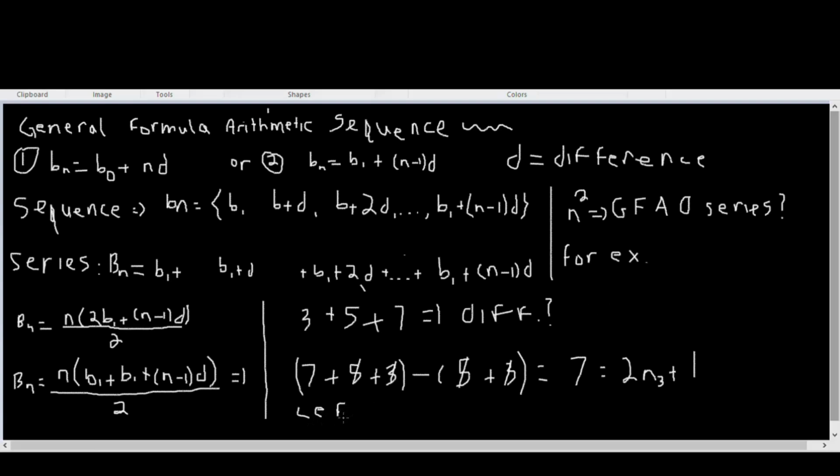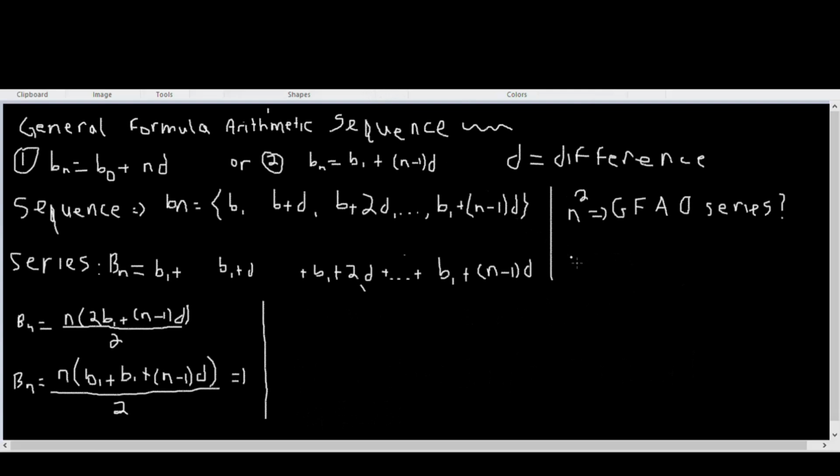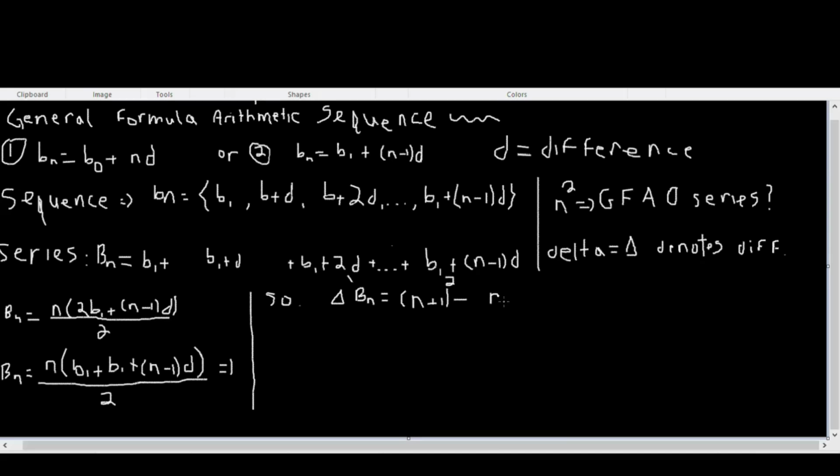And that's how we're going to check if our answer is correct. So just consider the following notation. Delta denotes a difference. And sometimes that notation, delta, can denote a change. So what do we want to find? If delta denotes a difference, then the change of b sub n equals n plus 1 squared minus n squared, which just means n plus 1 squared is one term more than n squared, which gives n plus 1 times n plus 1 minus n squared.